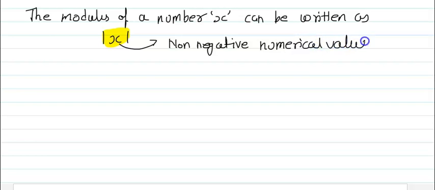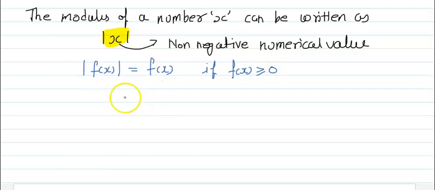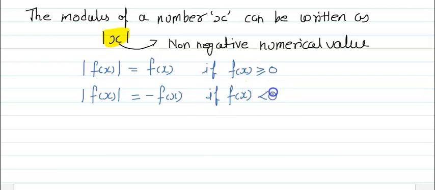Okay, now if we take a function, if it is modulus of f(x), f(x) is a function of x, that should be equal to f(x), that is positive, if and only if f(x) is greater than or equal to 0, and modulus of f(x) will be minus f(x) if f(x) is less than 0.